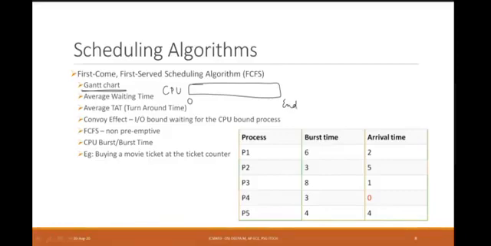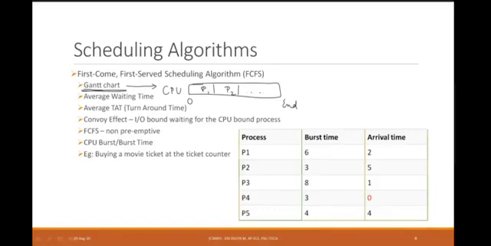Starting from 0 till the end, we are going to draw all the processes which are going to be present in your CPU. Say like this, P1, P2, etc. So this is called a Gantt chart. It is a timeline chart. It is going to tell me at what point of time the process is going to use my CPU.